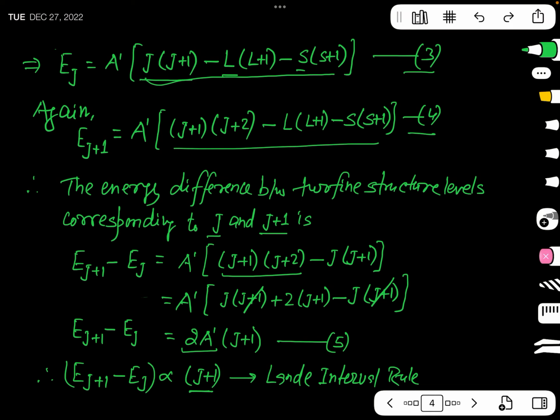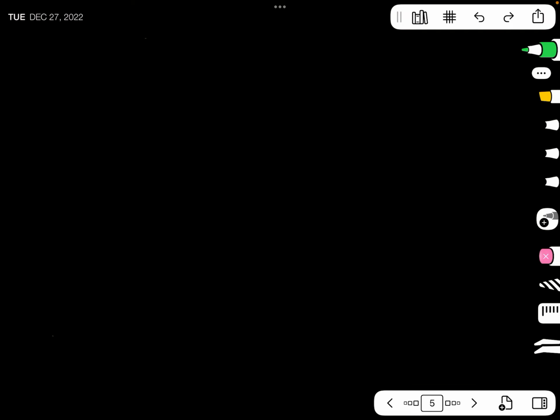So now we will actually illustrate this interval rule by some particular examples. Now we take some examples.